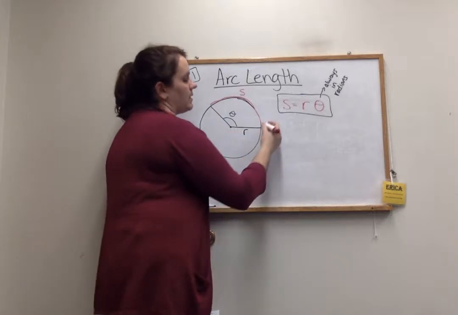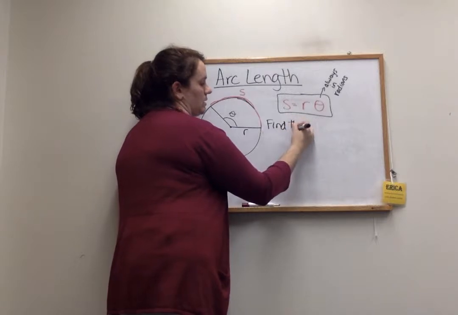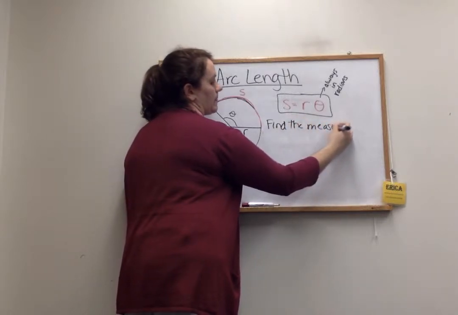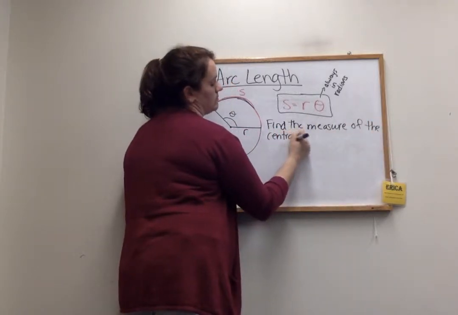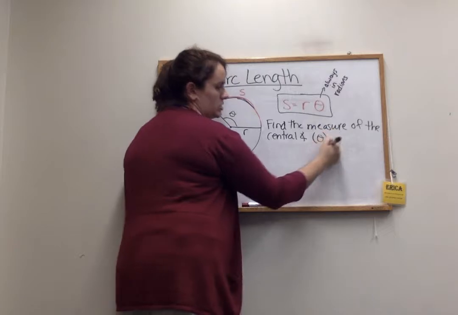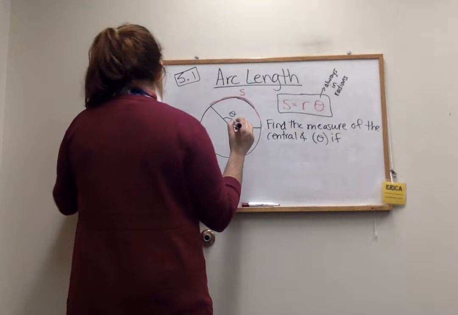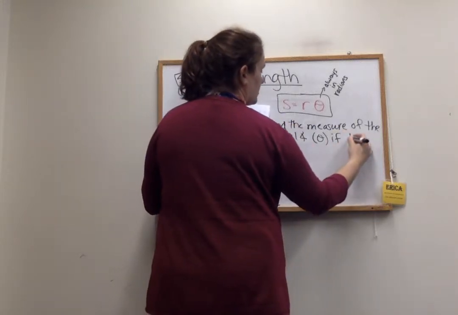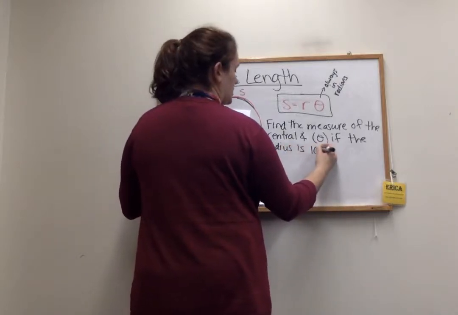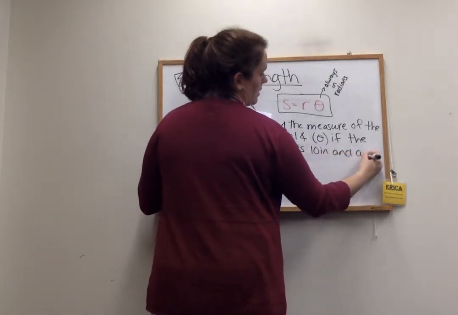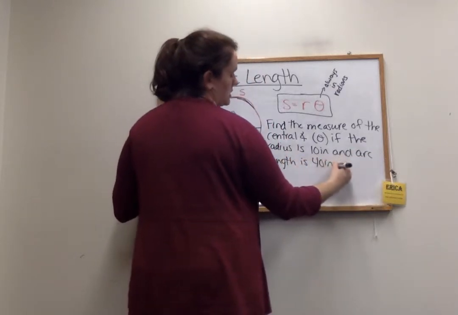This could be something like, find the measure of the central angle, which just means theta. Find theta if the radius is 10 inches and the arc length is 40 inches.